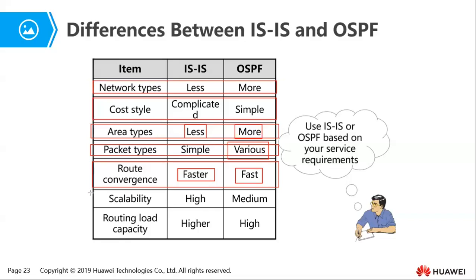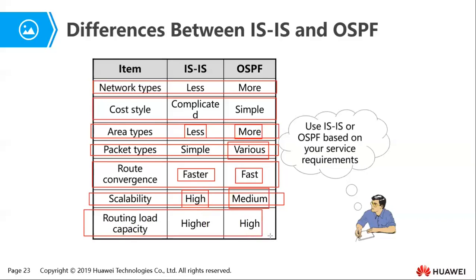Then the other thing is scalability. One of the main reasons IS-IS is normally used in ISP networks is scalability, other than faster convergence speeds. The scalability here is higher because it uses a flat architecture compared to OSPF that uses very many areas and therefore can become quite complicated with time.